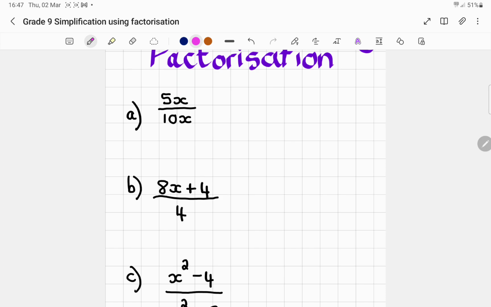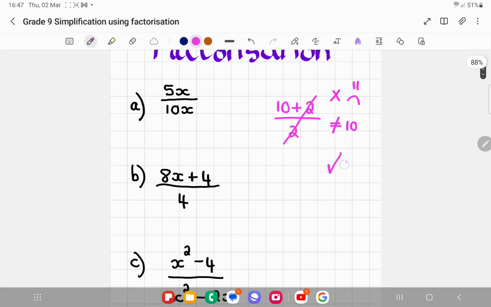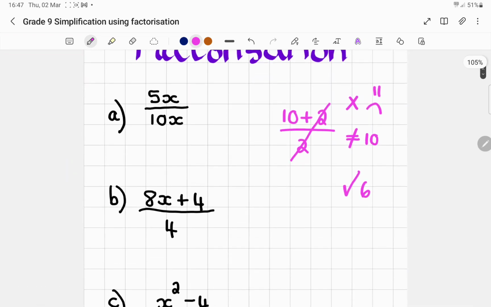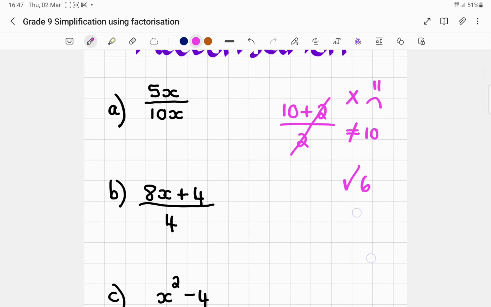All right, another thing I want to show you. Why do we factorize? If I've got 10 plus 2 divided by 2, I cannot just go and cancel like that. No, because the answer is not 10. In fact, 10 plus 2 is 12. 12 divided by 2 is indeed 6. So that is why we factorize, so that I can take out a highest common factor at the top.